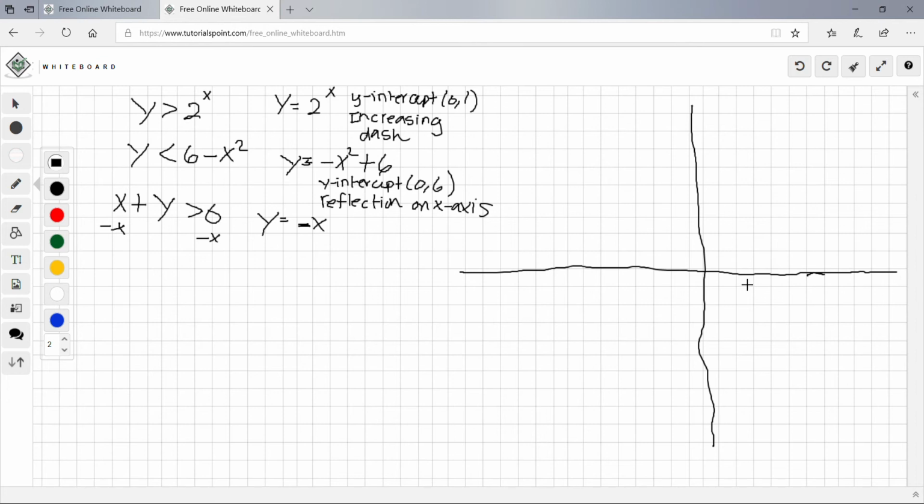Sorry if my graph looks weird. Call this the x-axis and then call this the y-axis.